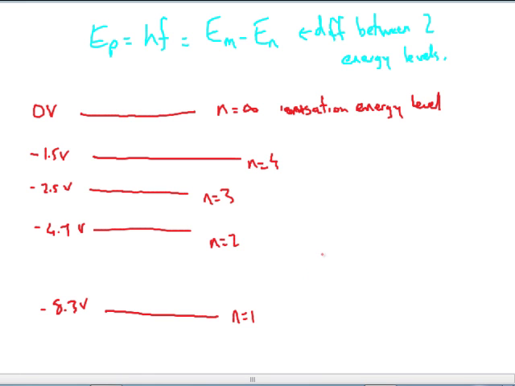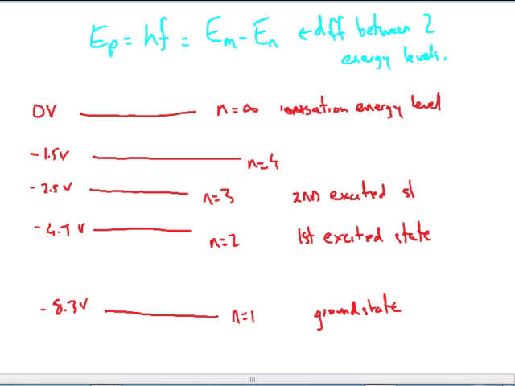Now, difference in terminology. n equals 1 could be referred to as the ground state. The second energy level is the first excited state. n equals 3, the third energy level, is the second excited state.